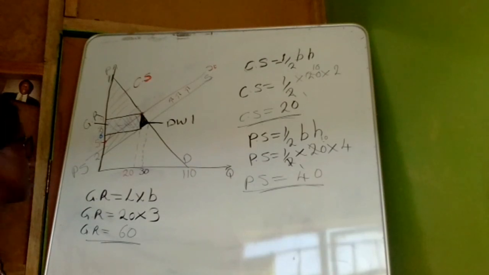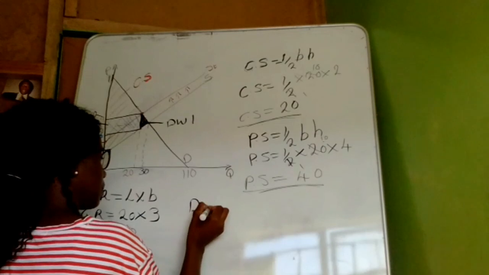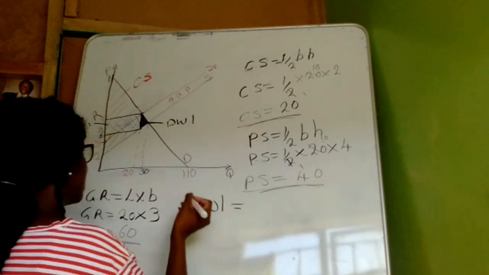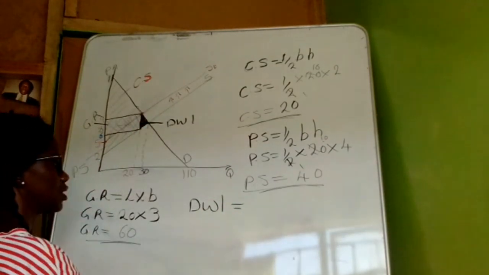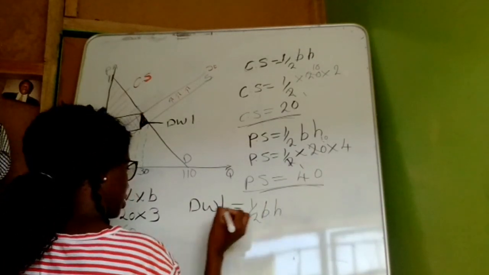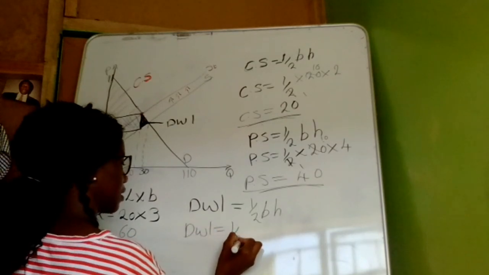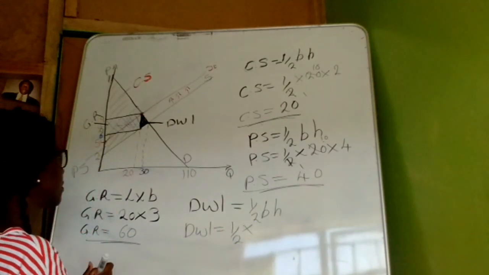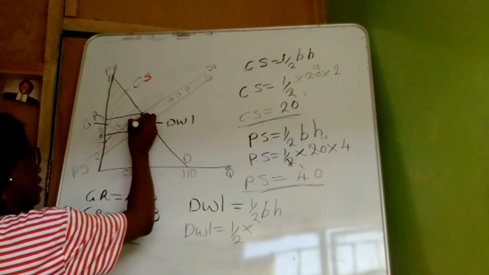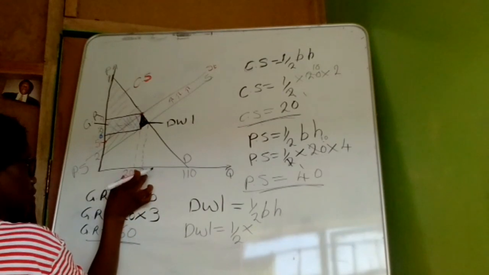Okay. So then to get the deadweight loss, so DWL is equal to, so this is also a triangle, so we'll use the same formula, half BH. So deadweight loss is equal to half times, so the base is the distance between this point and this point, so simply the distance between these two.